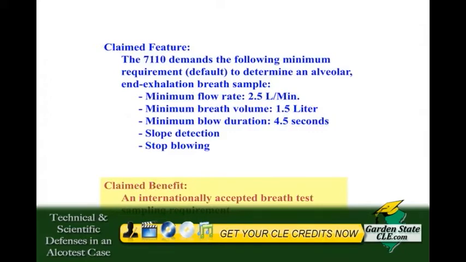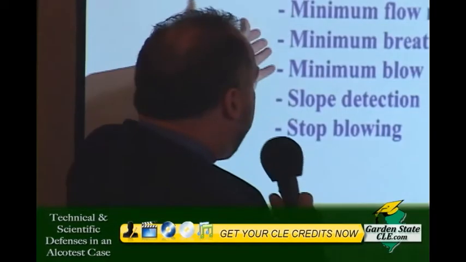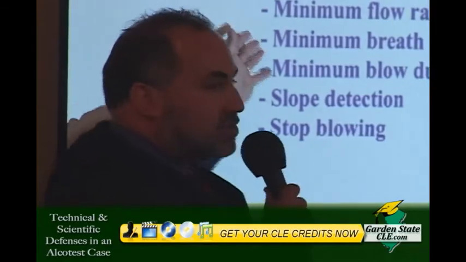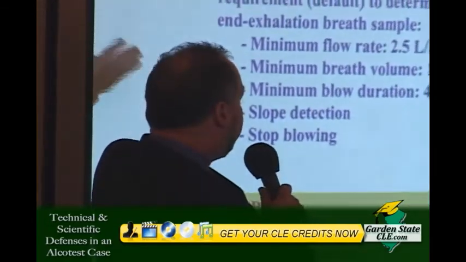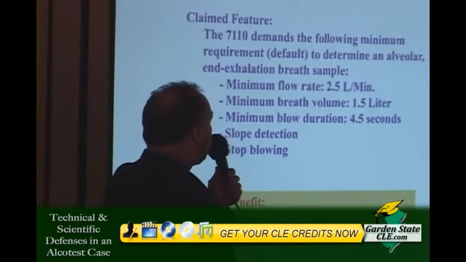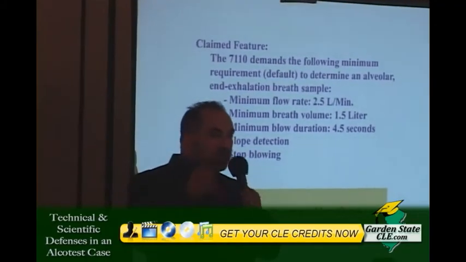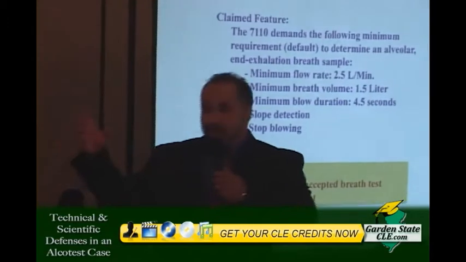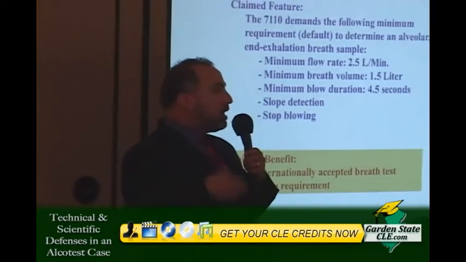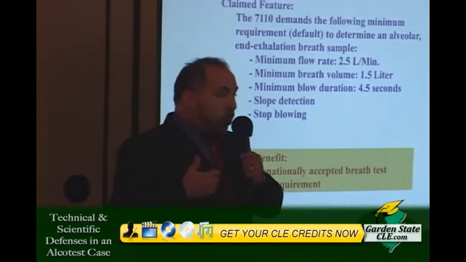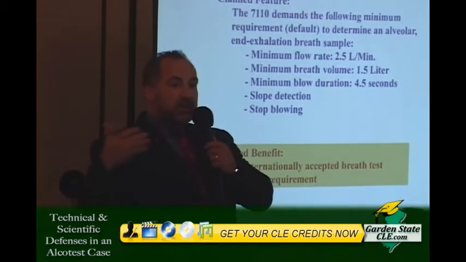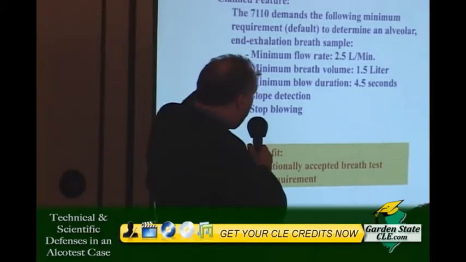What we found most interesting, troubling, or rather strange was the 1.5 liter setting for the blow. Think of 1.5 liters as just a water bottle, a regular water bottle, 1.5 of those. That's the volume that you need to get to actually have an accepted sample, along with these other issues.